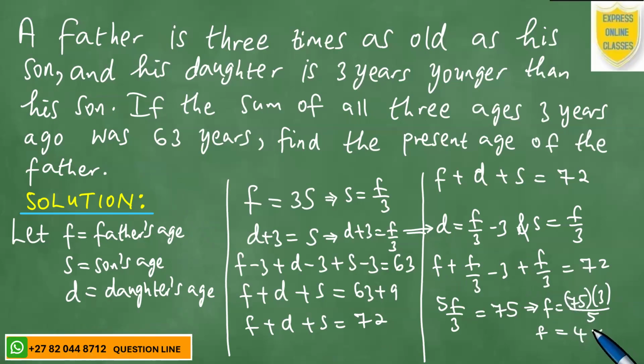And therefore, it is very clear that the father's age is 45 years. So the conclusion is that F, which is the father's age, is 45 years.